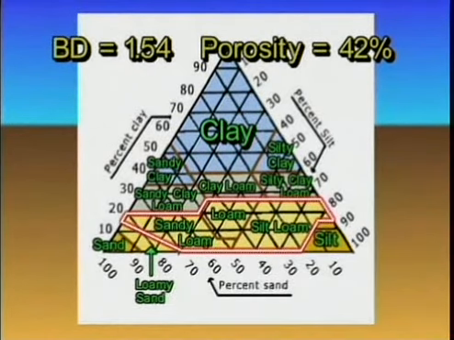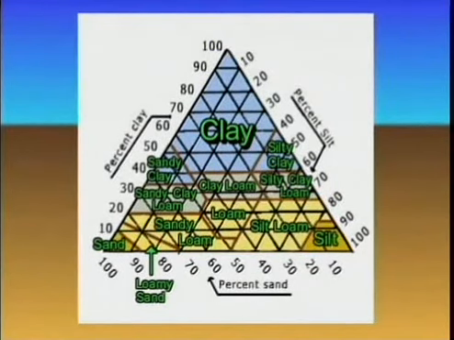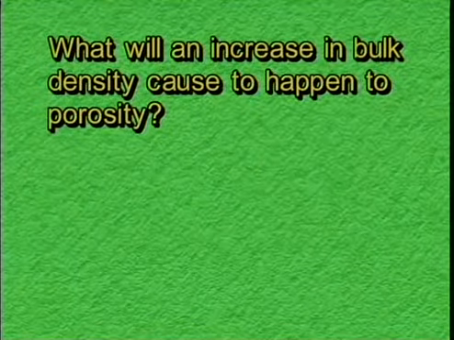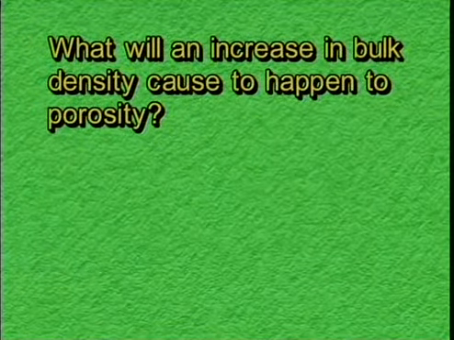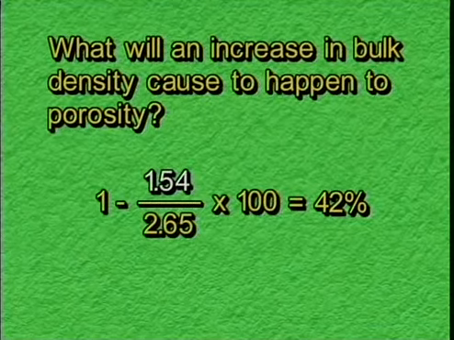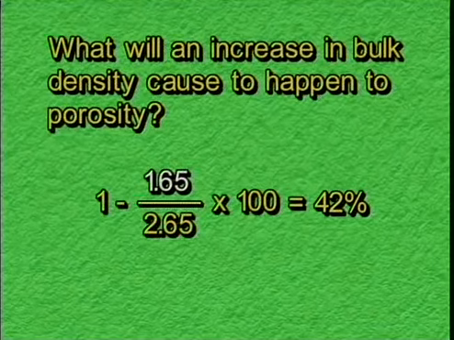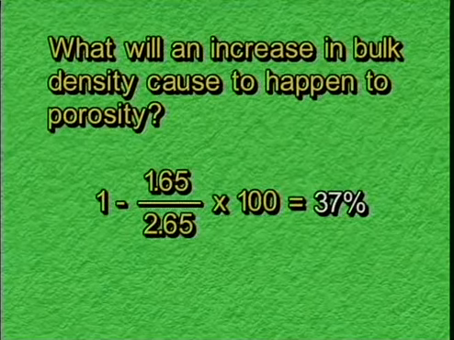Now, if we had this same type of textural class of soil and we compacted it, which is to say we increased the bulk density, then an increase in bulk density would cause what to happen to porosity? Well, if we increase the bulk density value, that means we're going to be taking a larger number away from 1, which means that will cause a decrease in porosity.